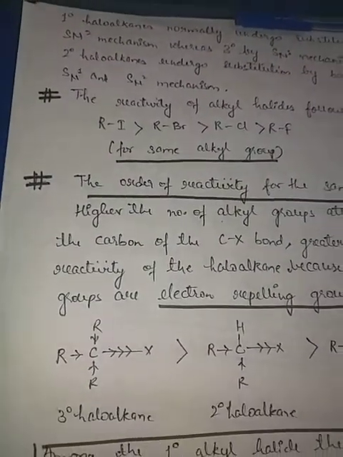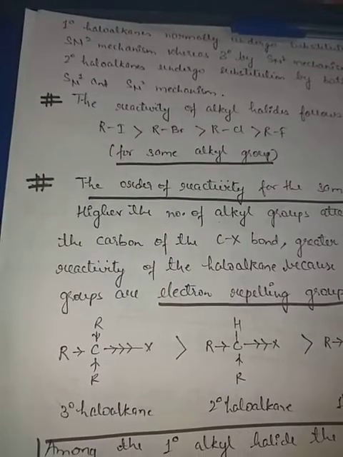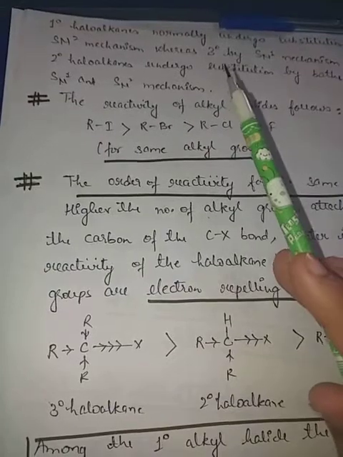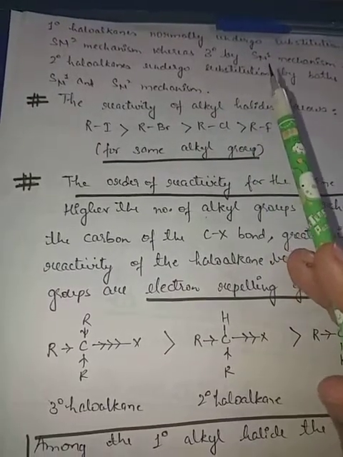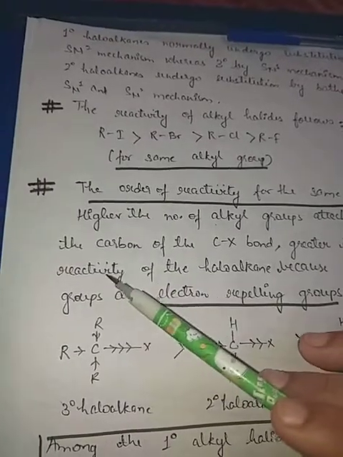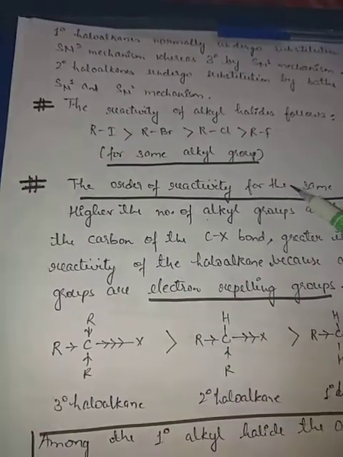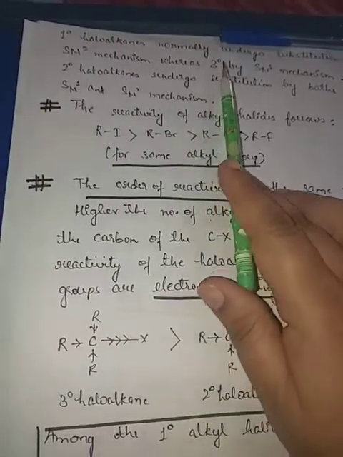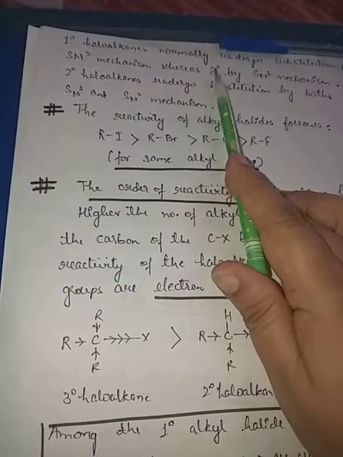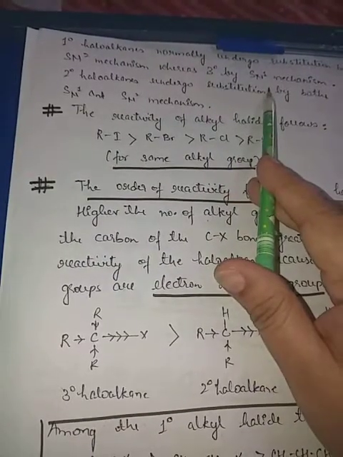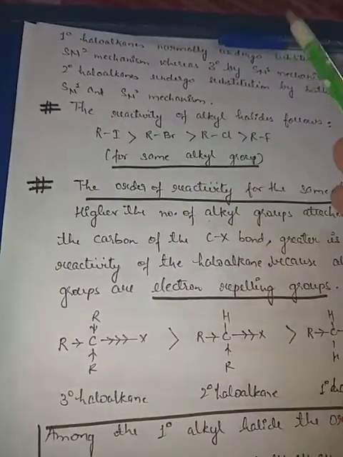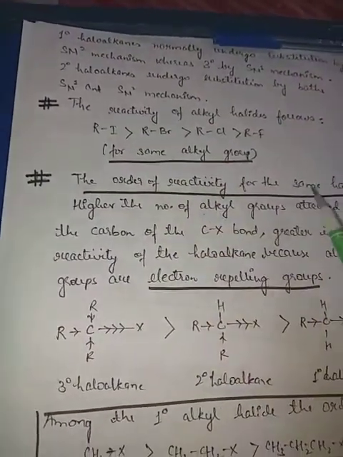That's why primary haloalkanes can easily undergo substitution by the SN2 mechanism, whereas tertiary haloalkanes easily do so by the SN1 mechanism, where the halogen removes itself directly. Secondary haloalkanes undergo substitution by both SN1 and SN2.